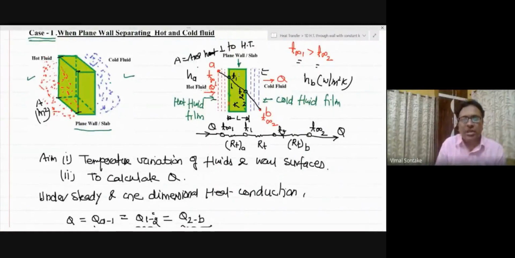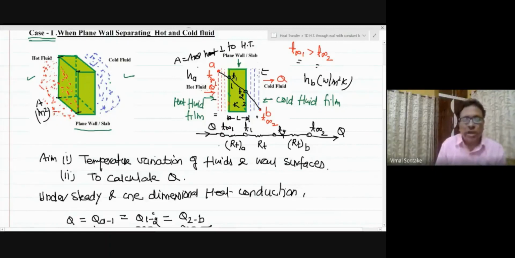But in this case, the wall is separating hot as well as cold fluid, and it is again a mass, so it will also offer resistance in the form of convective thermal resistance.